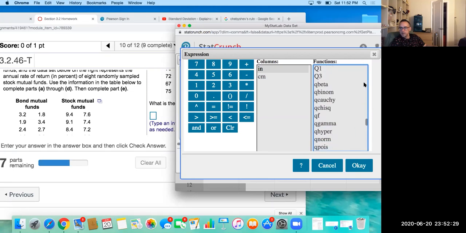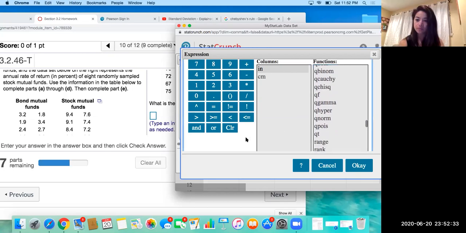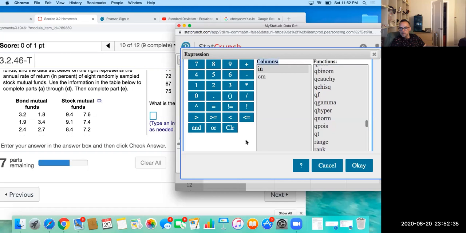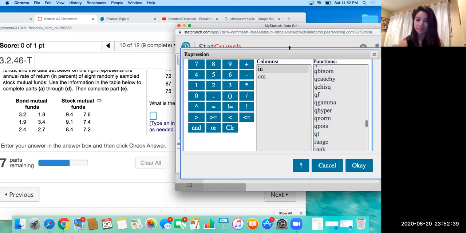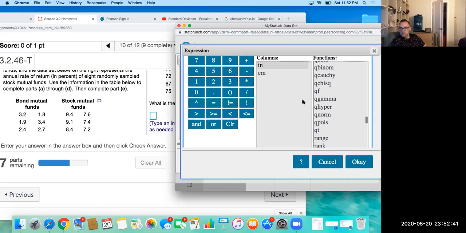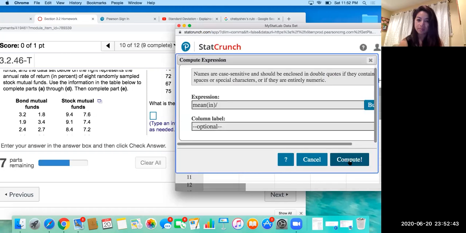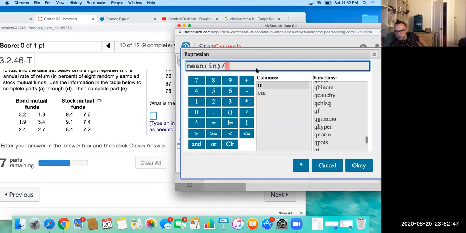But outside of that, watch, click out of that. And then scroll up now. It won't let me. Press OK, I guess. No. After the right arrow, yeah. Put STD and then just put parentheses and then IN. See if this works. It might not work. I'm just curious if this will work.